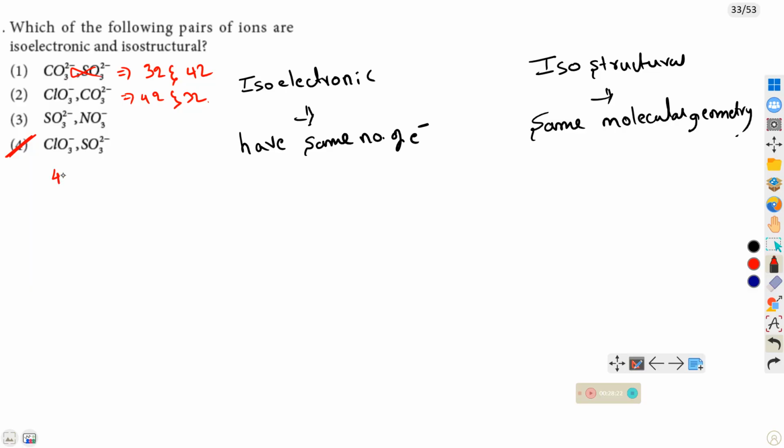ClO3- has 42 electrons. SO3 2- also has 42 electrons. ClO3- and SO3 2- both contain 3 sigma bonds and 1 lone pair. So the geometry undergoes sp3 hybridization with 1 lone pair. Geometry is pyramidal.